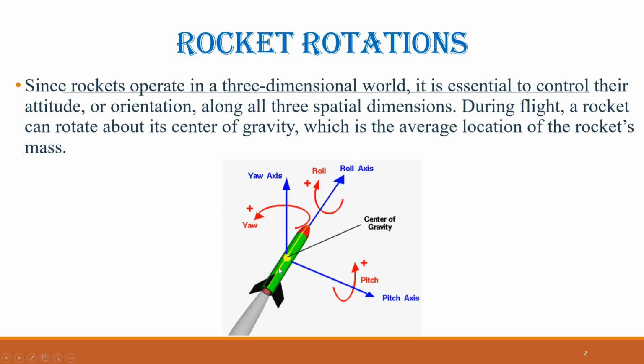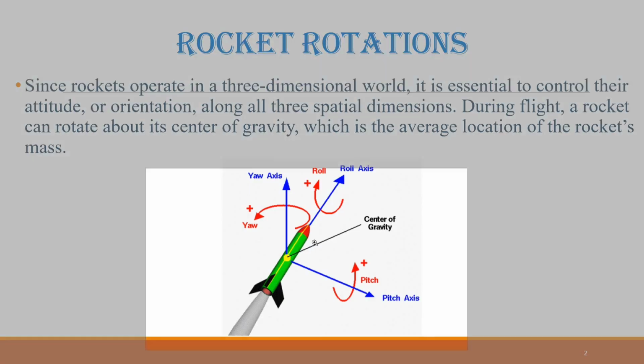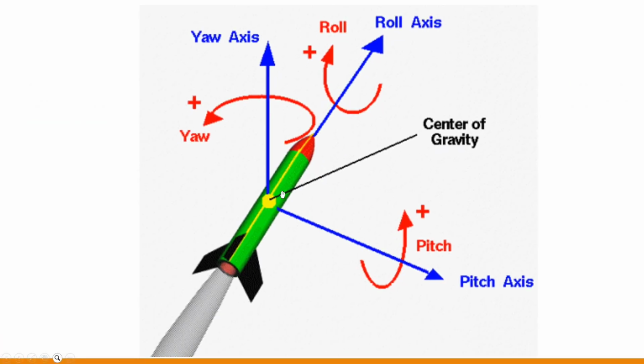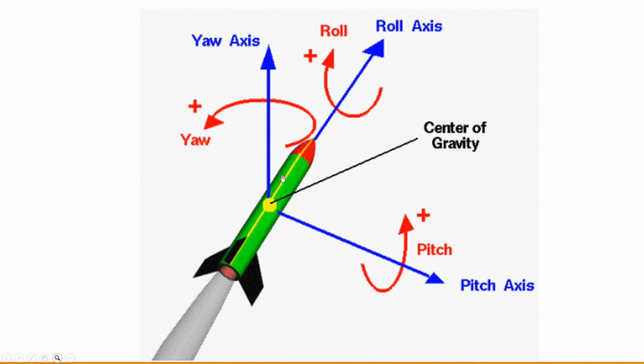To describe this rotation, engineers define a three-dimensional coordinate system with its origin at the center of gravity. Each axis in this system is perpendicular to the other two, allowing precise measurement of how the rocket rotates along each axis. The attitude of the rocket is then defined by the amount of rotation along these principal axes.